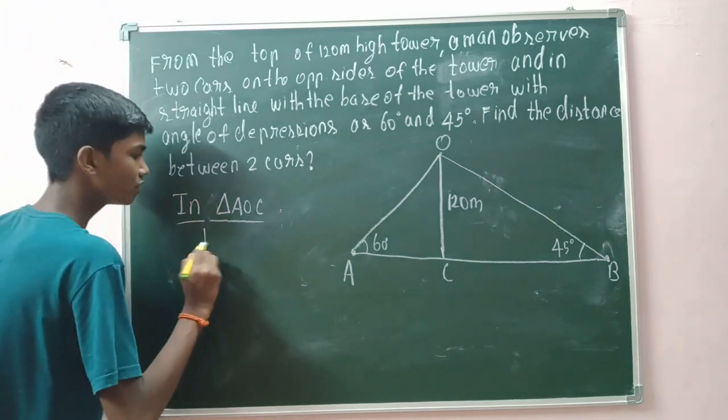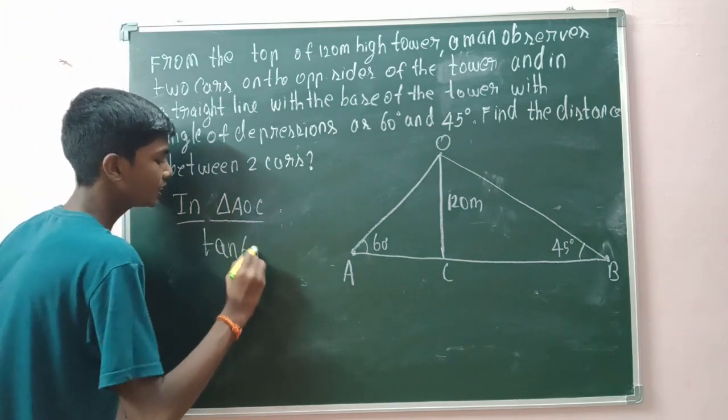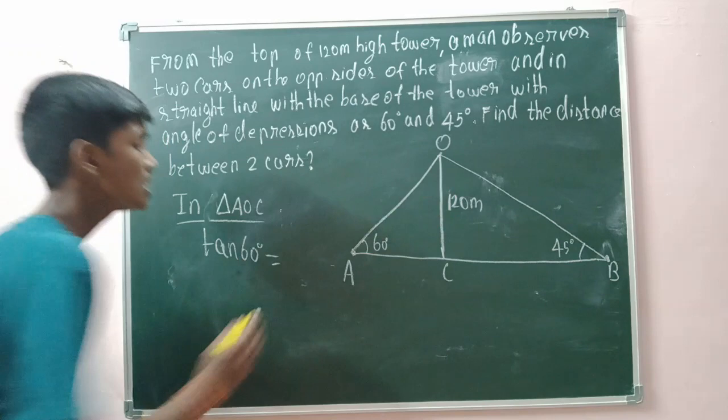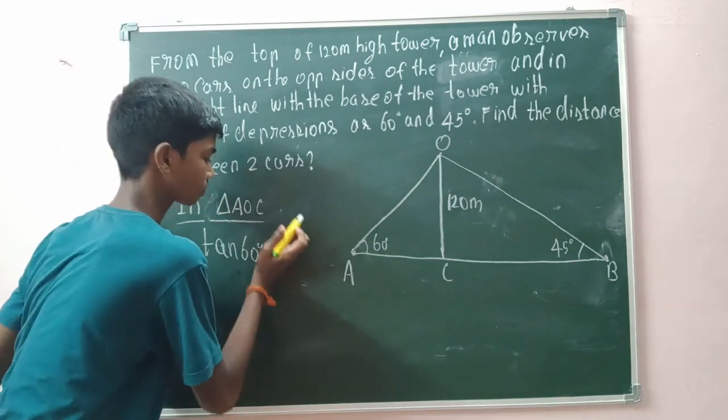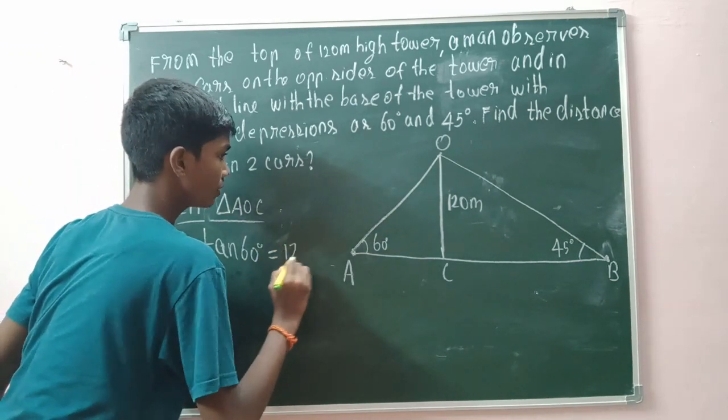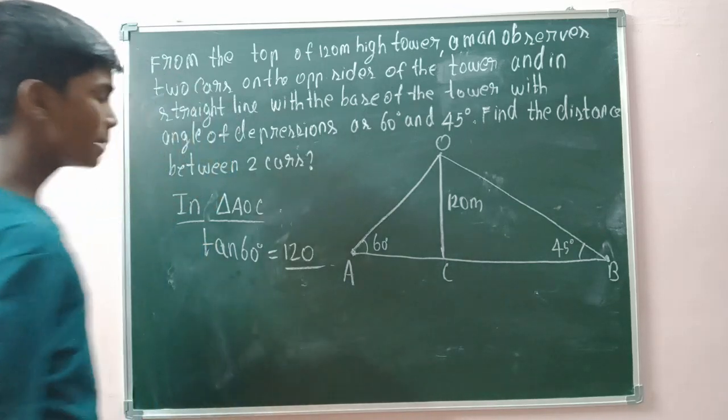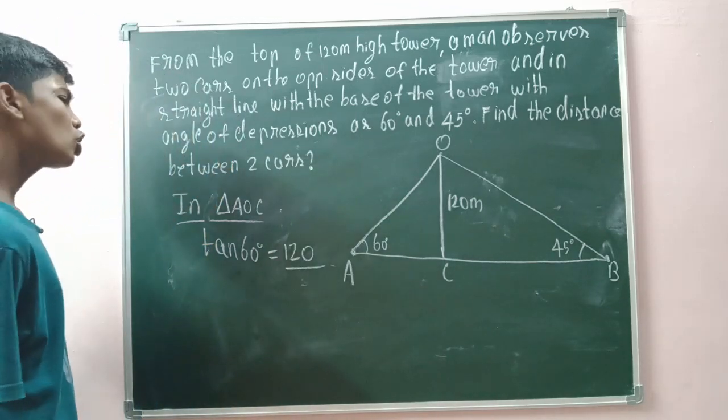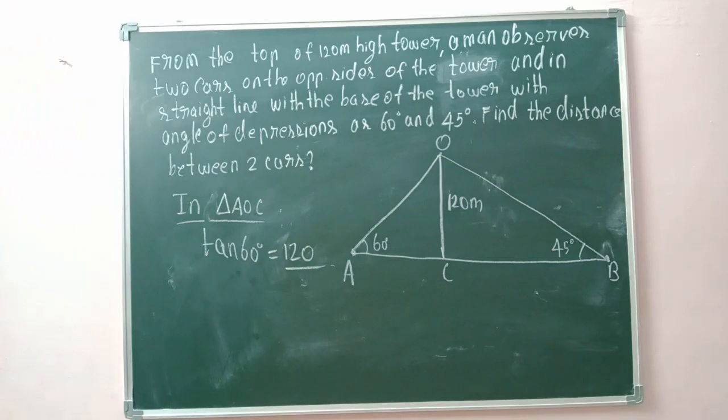Let me find tan of 60 degrees. Tan of 60 degrees will be the opposite of this angle, that is 120, by AC.